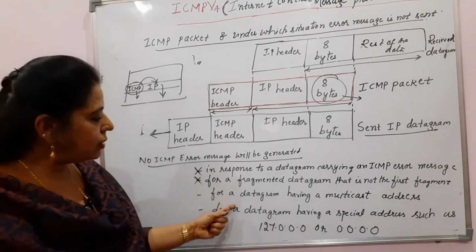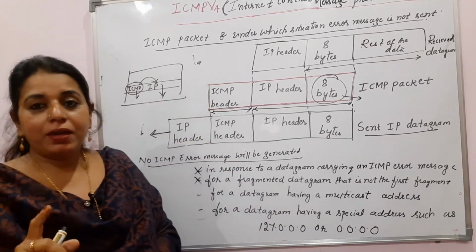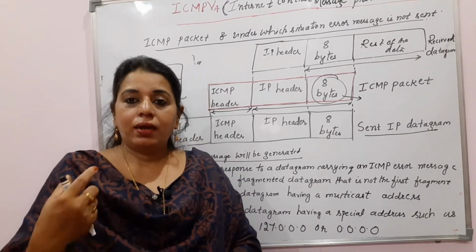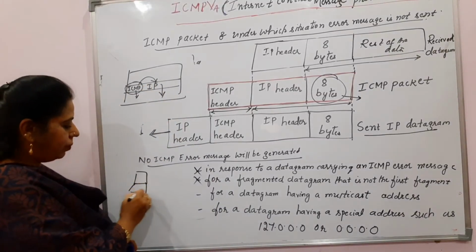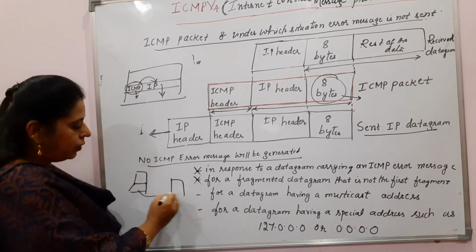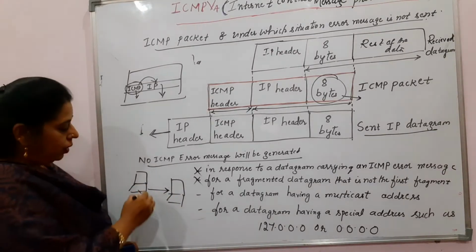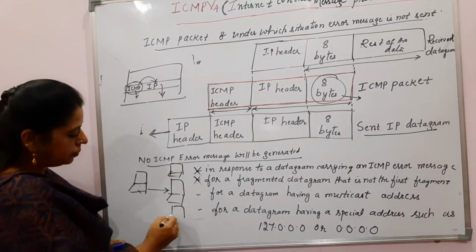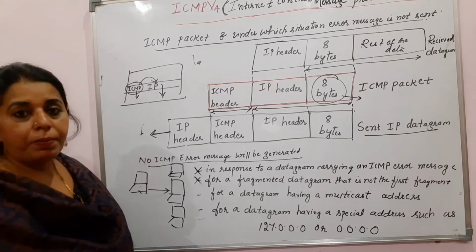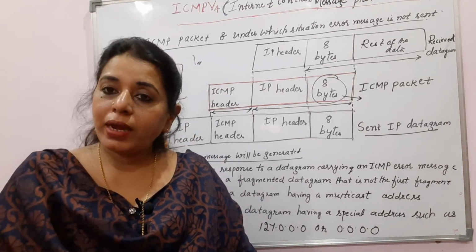Third, an ICMP error message is not generated for a datagram having a multicast address. If it is unicast, it is 1-to-1, and the packet coming from the source is received by one other host. If the packet is received at a time by more than one host, with multiple recipients, we say it is multicast.